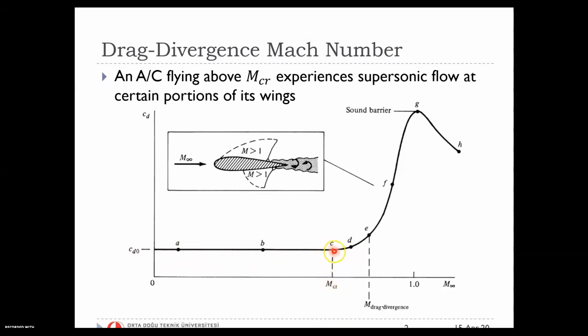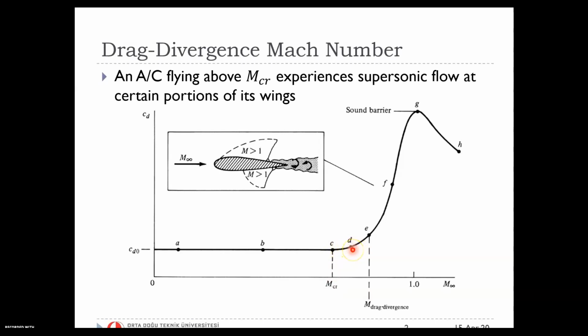Okay, let's increase the Mach number slightly to point D. At this point you would see a small supersonic flow pocket or bubble on the airfoil surface, where the Mach number can reach values from 1.02 to 1.05, and the drag value slightly increases.